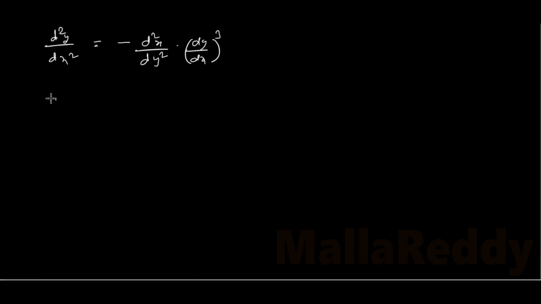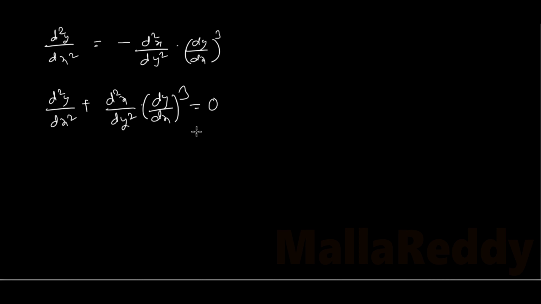So take this side, that is d square y by dx square plus d square x by dy square into (dy by dx) whole cube is equal to 0. So this value is given k. From this equation, k is equal to 0.